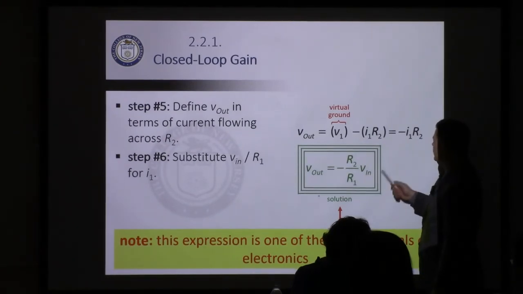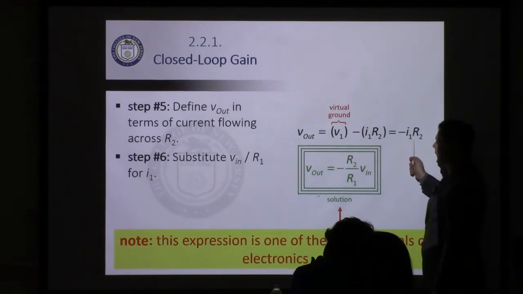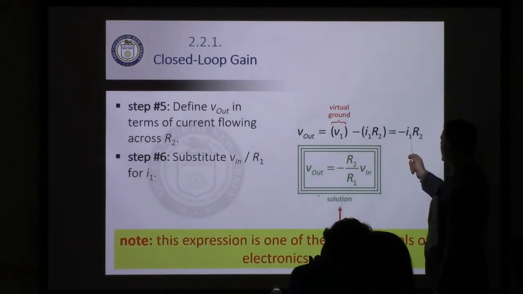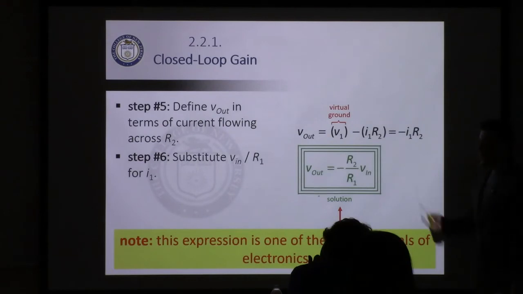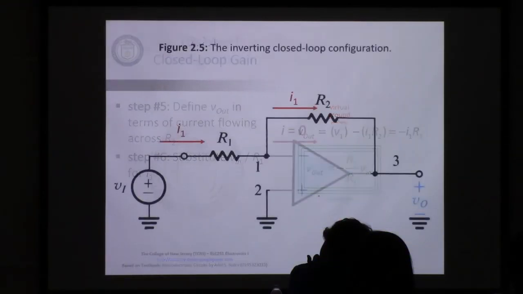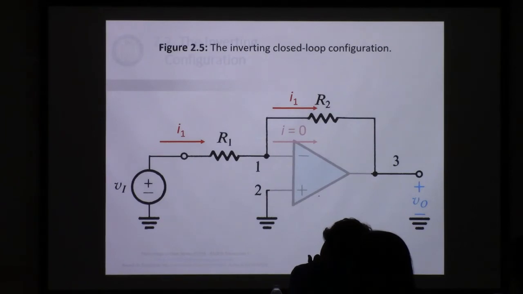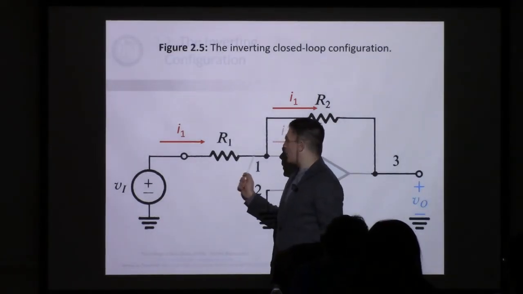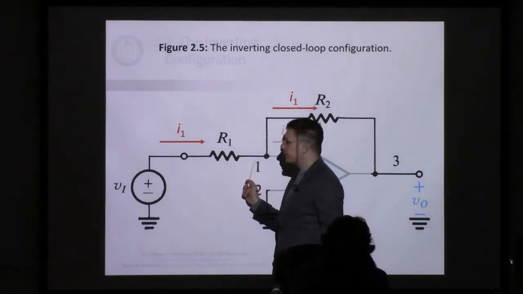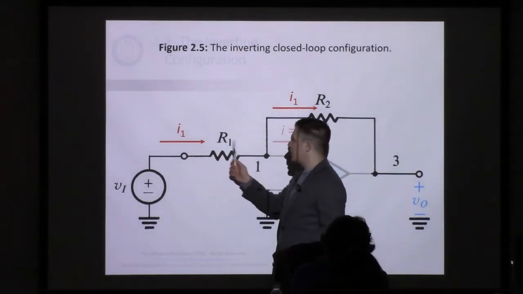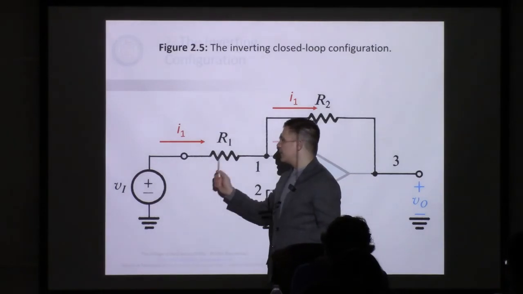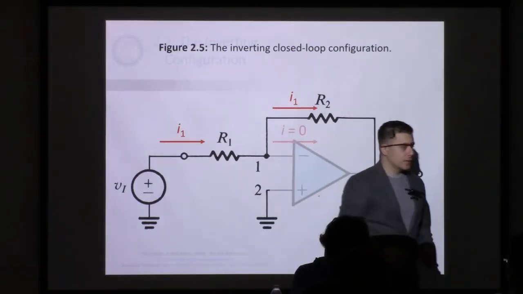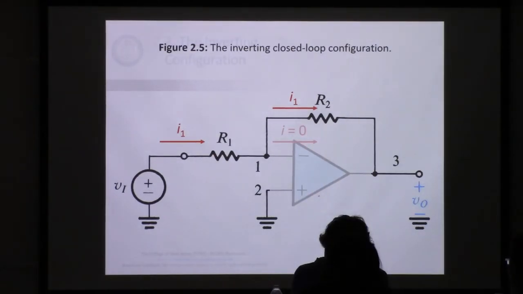And so we're left with one piece here. We don't know what I1 is. If we go back to the previous slide for a second, we know that I1 is equal to V in divided by R1, because this is 0. So we substitute that in here.